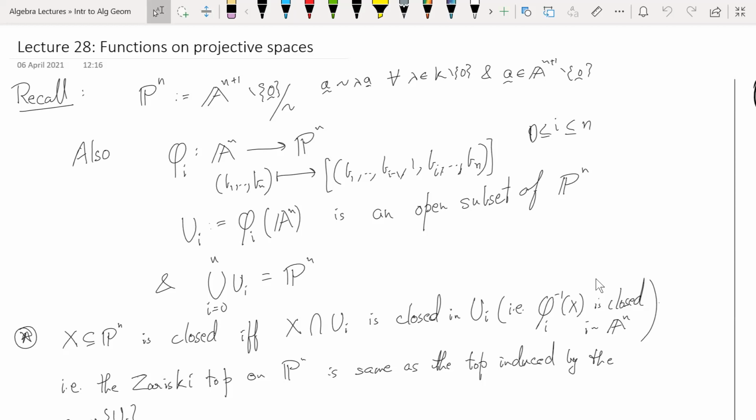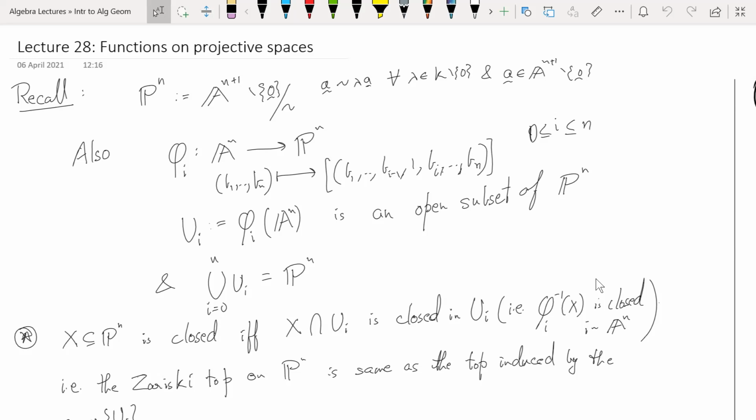We had also defined the Zariski topology on Pn using the homogeneous coordinate ring. So the closed subsets are given by algebraic subsets of Pn, which are basically zero sets of homogeneous ideals.